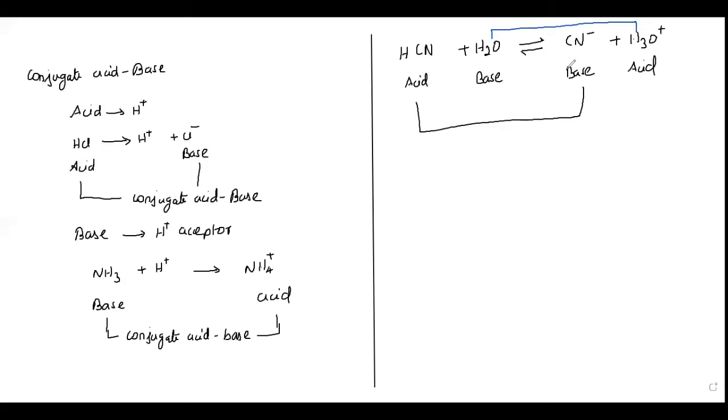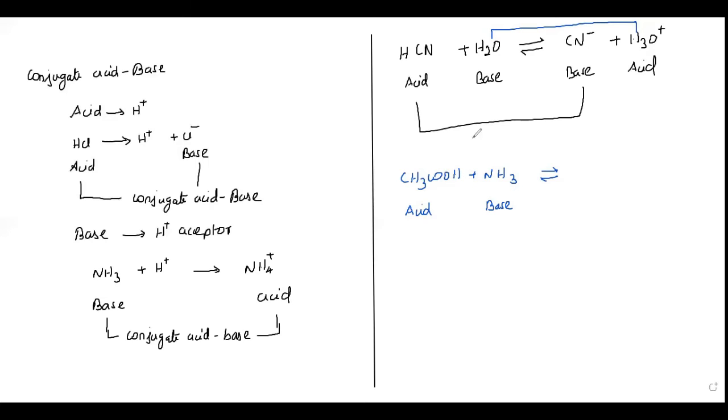So acid donates H plus, base will accept H plus. Okay, we will discuss more examples for better understanding. CH3COOH plus NH3. In this example, which one is acid, which one is base? This is acetic acid, so this is acid, and this is base.